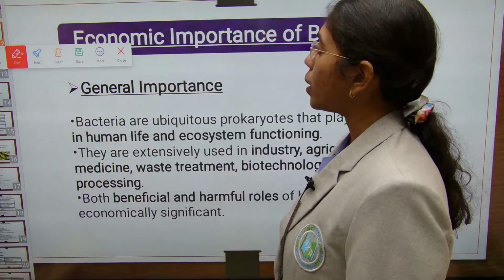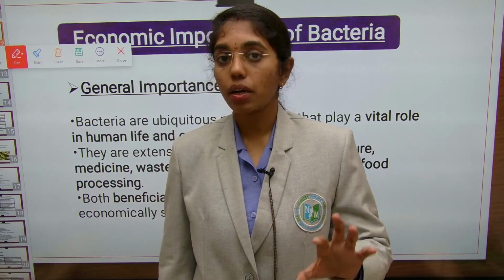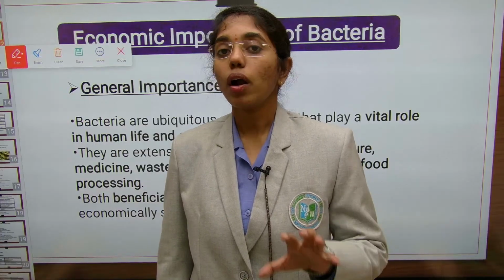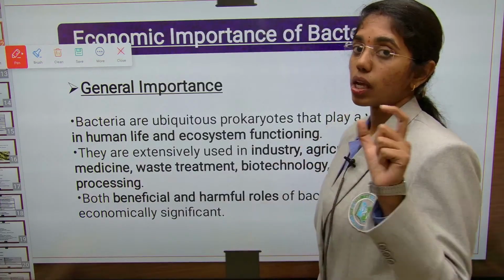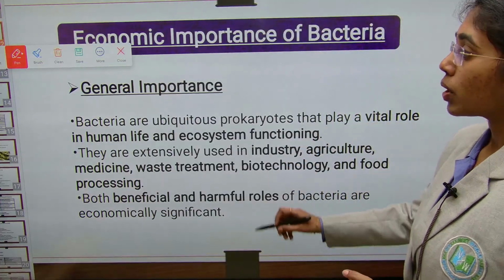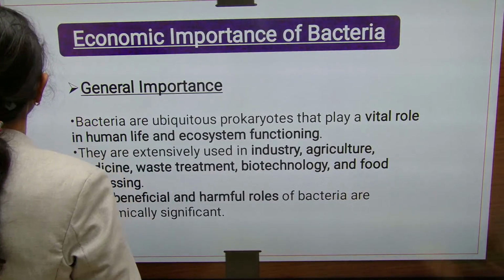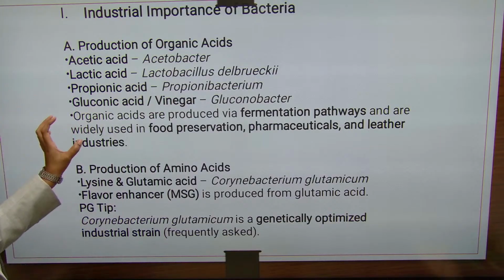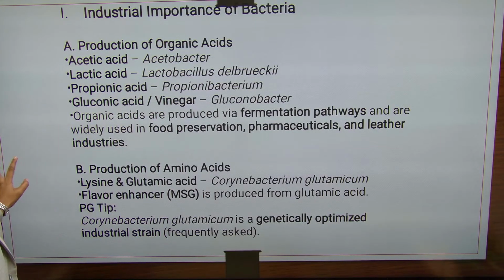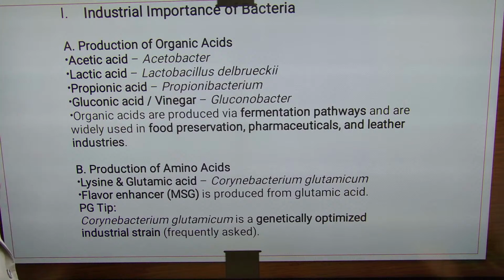When it comes to the economic importance and harmful effects of bacteria, remember most importantly their benefits and the bacterial type. Examples are very important here. You can take screenshots also. I have given you the direct examples with their uses. Just take the screenshots and revise as many times as possible. That will be beneficial for you.